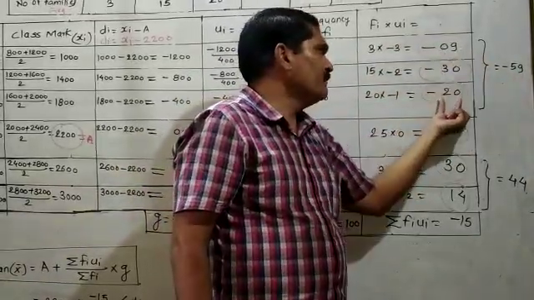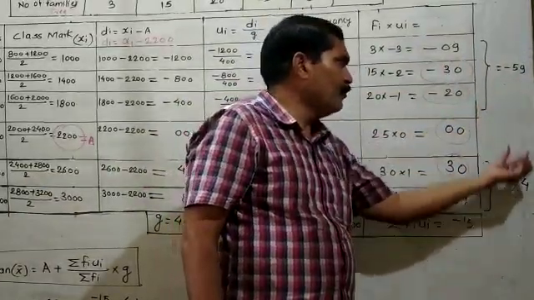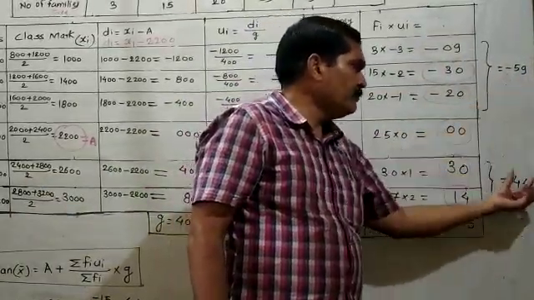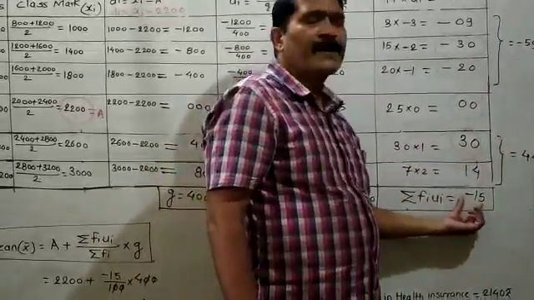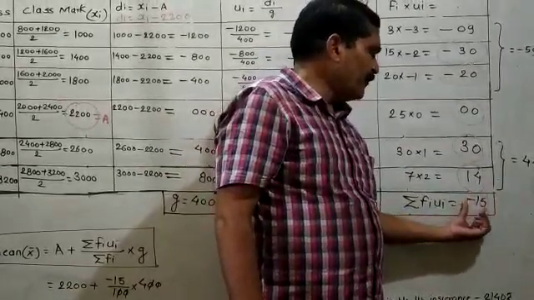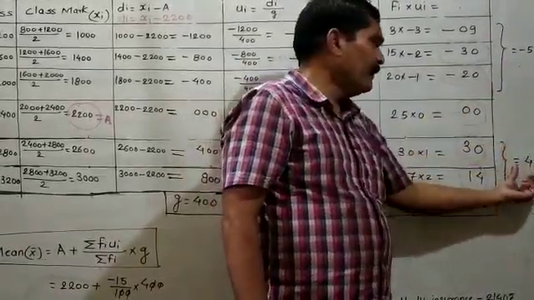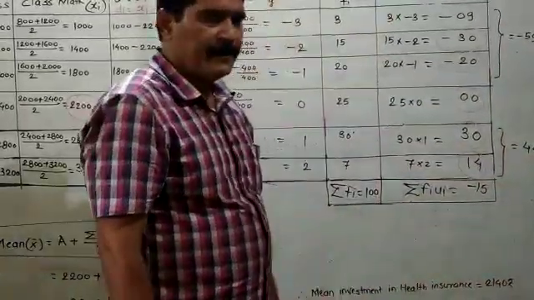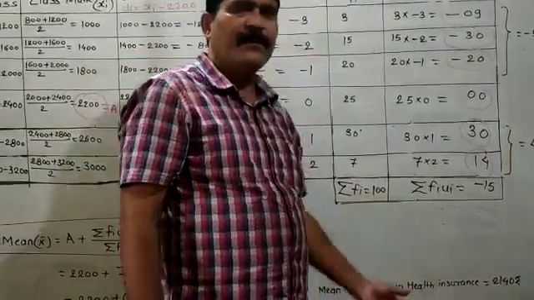So the sum of these negative numbers will come minus 59 and the sum of these positive numbers will come 44. Then find the difference between their magnitudes and give the sign of the greater magnitude. So minus 59 plus 44 is equal to minus 15. Means you will get the sum of fi ui.